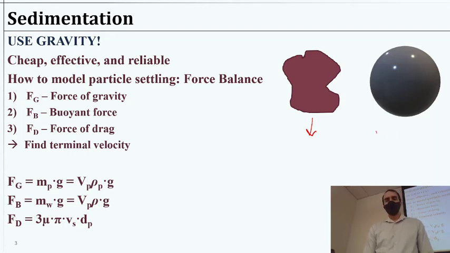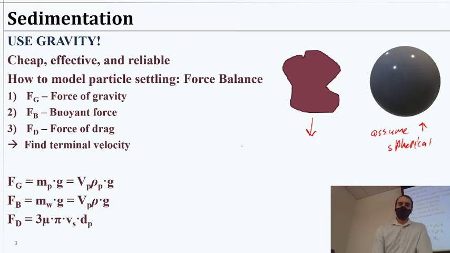So we're going to assume spherical. Okay, so thinking about what forces are going to act on a particle, first of all, gravity, of course. Then we're also going to have a force of buoyancy. So we have FB here.